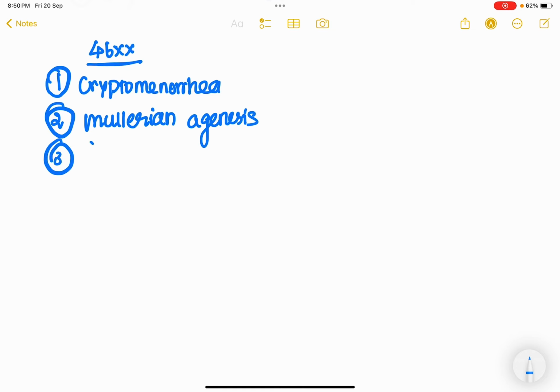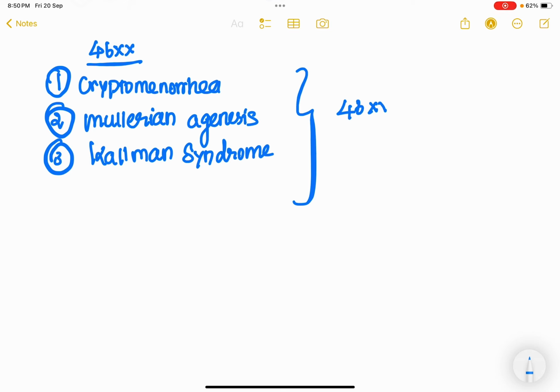And the third is Kallmann syndrome, because the problem is only with the hypothalamus. They have nothing to do with the uterus or other parts. So cryptomenorrhea, Mullerian agenesis, and Kallmann syndrome have the karyotype 46XX.